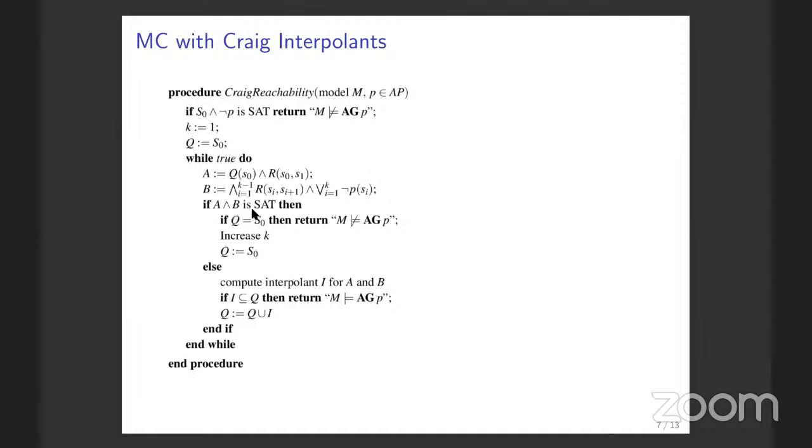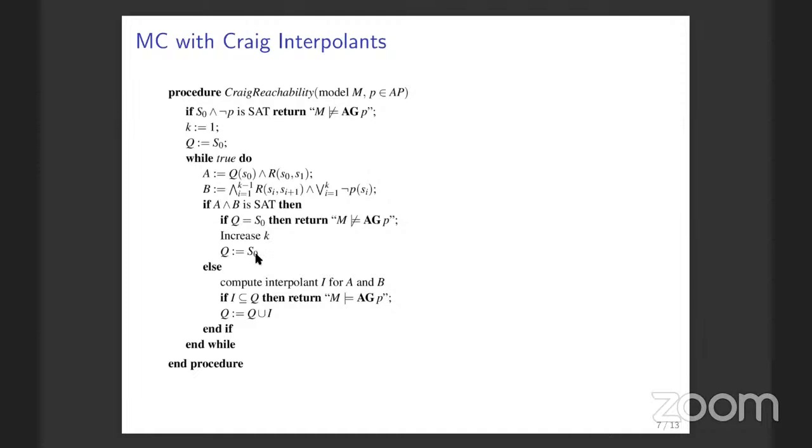If I'm still working with S0 with the BMC, there is a potential counterexample. That is, if Q itself is still my initial state, then I know that I found a counterexample, a K-long path to a bad state. Therefore, I declare that the system is unsafe. Otherwise, I increase K.